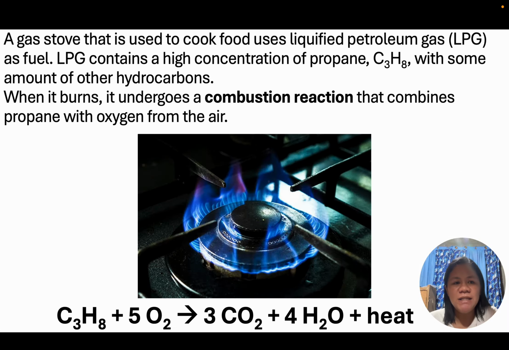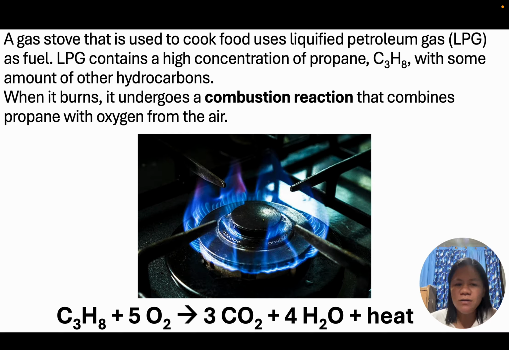A gas stove that is used to cook food uses liquefied petroleum gas or the LPG. So, kaway-kaway sa mga LPG yung gamit as fuel na. LPG contains a high concentration of propane or C3H8, with some amount of other hydrocarbons.